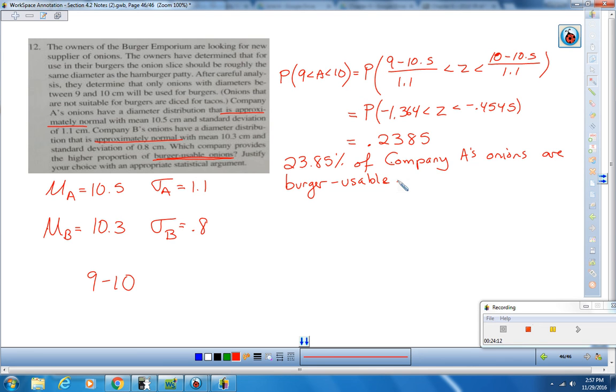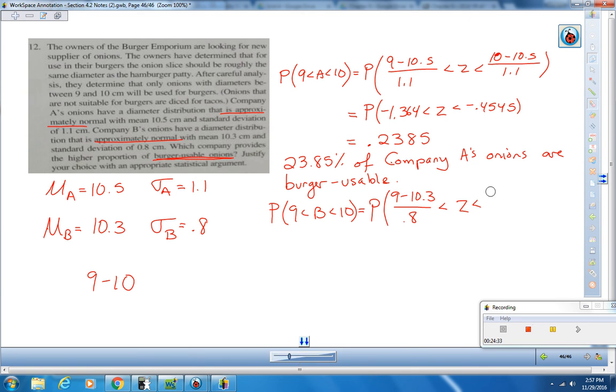So now we're trying to calculate the probability that 9 is less than B, which is less than 10, which is the probability that 9 minus, and now our mean is 10.3, over our standard deviation of 0.8 is less than Z, which is less than 10 minus 10.3 divided by 0.8.